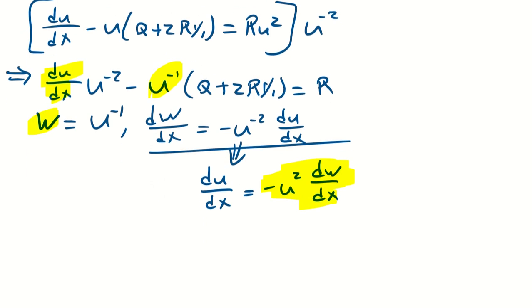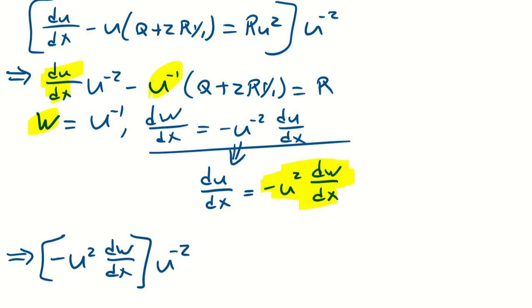So now for du/dx, we have minus u squared dw/dx, times u to the minus 2 power, minus w(q plus 2y₁), and that's equal to r.